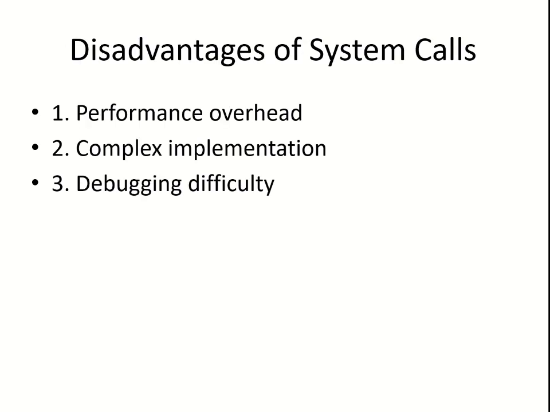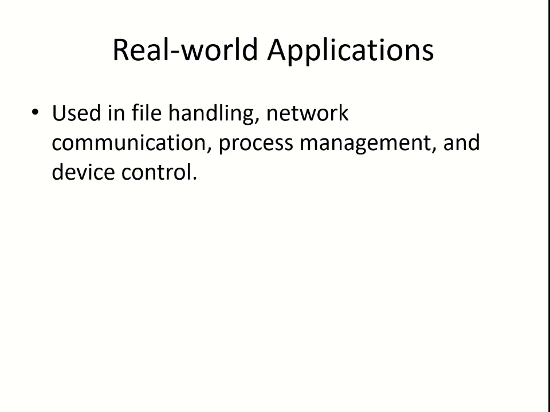Here are some disadvantages of system calls in operating systems: first, performance overhead; second, complex implementation; and third, debugging difficulty. Now, the real-world applications: used in file handling, network communication, process management, and device control.